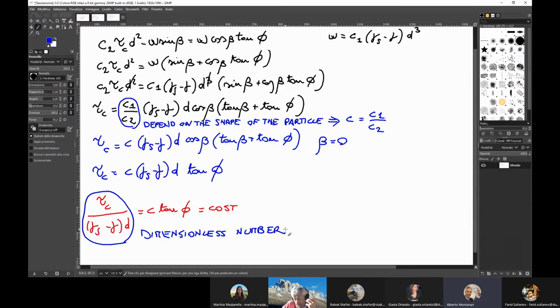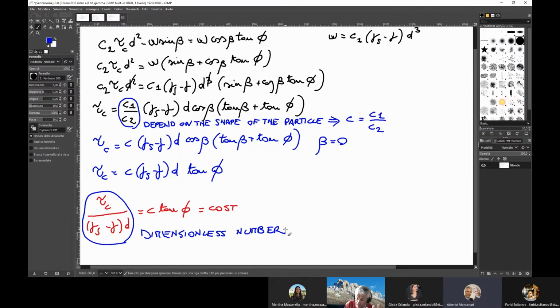And given that this is a dimensionless number, it's clear that it does not depend on the dimension of the unit. So it is a number that we can study and which represents the conditions of stability for units regardless of their size.